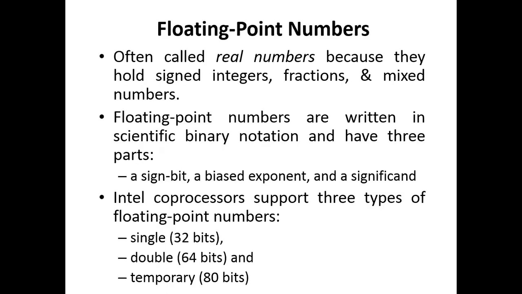Floating point numbers are often called real numbers because they hold signed integers, fractions, and mixed numbers. Floating point numbers are written in scientific binary notation and have three parts. I would like to elaborate on scientific binary notation. Scientific calculations are calculations of large numbers, which are complex.